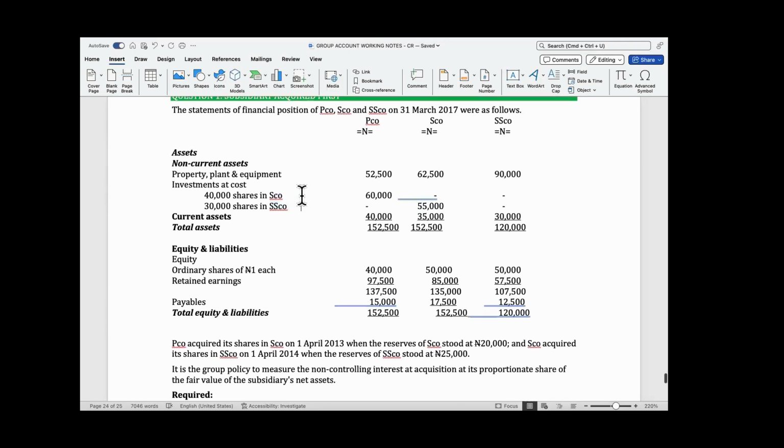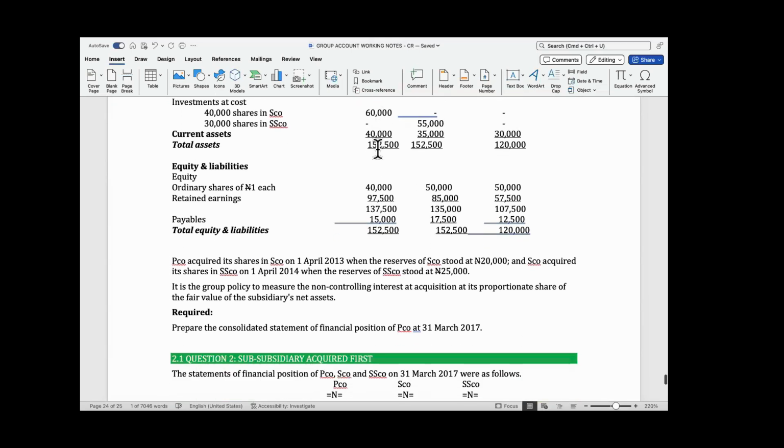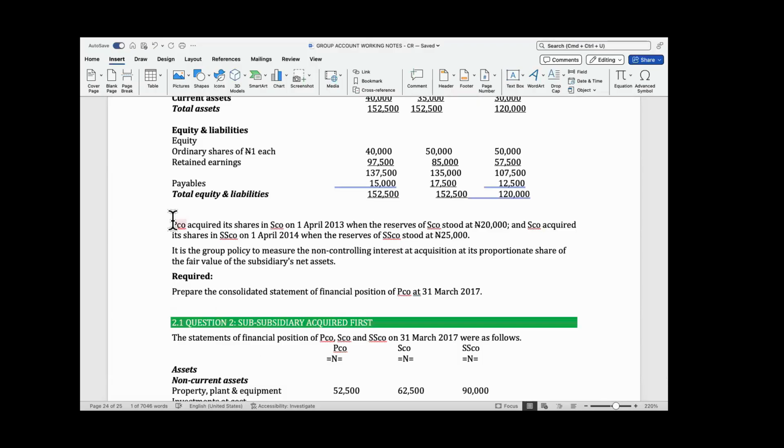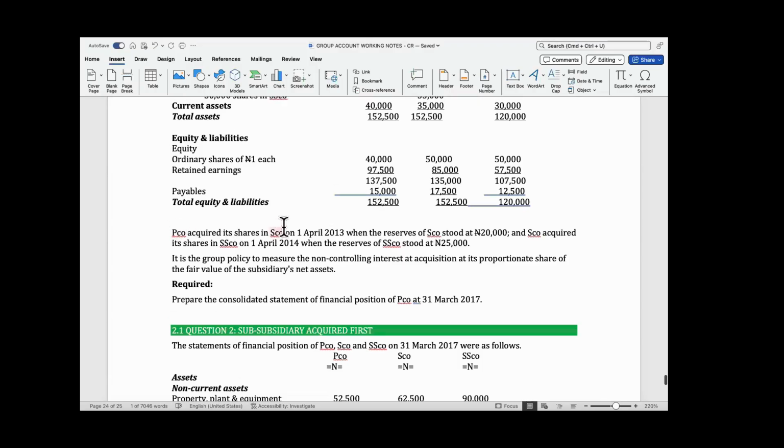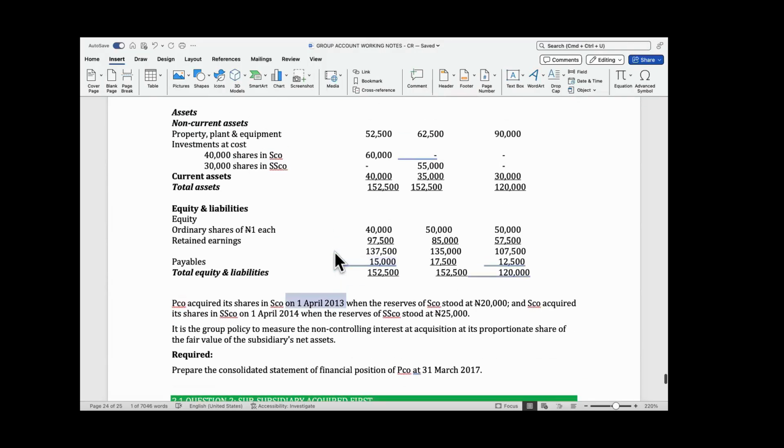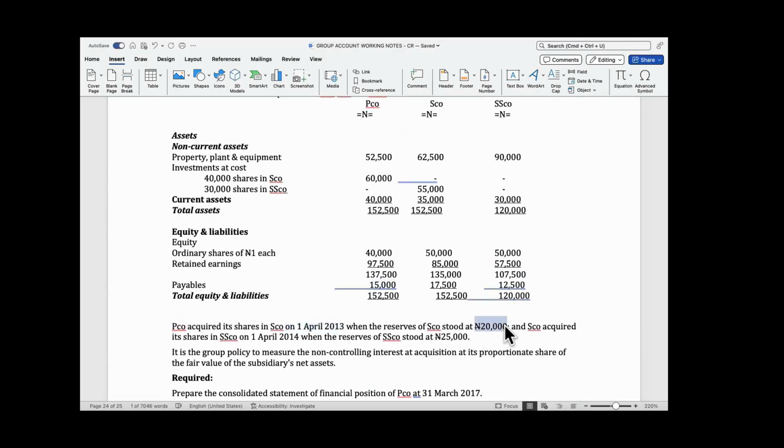However, when we want to do cancellation, because that means when we want to consolidate, we need to cancel out. We only cancel out transactions of PICO against the others. It's really none of our business what has happened between ESCO and SSCO. We will just take whatever is our portion in that transaction. So let's see how that cancellation will work. However, before then, PICO acquired its shares in ESCO on 1st April 2013, where the reserve of ESCO stood at 20,000.